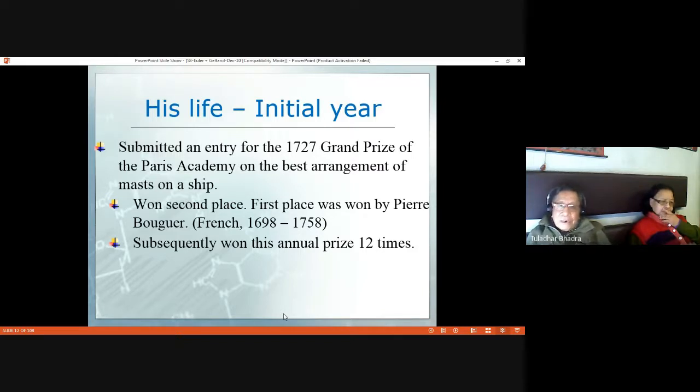I have already talked about this academic prize of the Paris Academy when I was talking about Sofia Kovalevskaya. In 1727 he entered for the prize, but he won only second place. The first place that year was won by Pierre Bouguer, the mathematician, 1698-1758. But in subsequent years, not consecutive, he won this annual prize 12 times, not only once. So he got the Grand Prix of the Paris Academy 12 times.